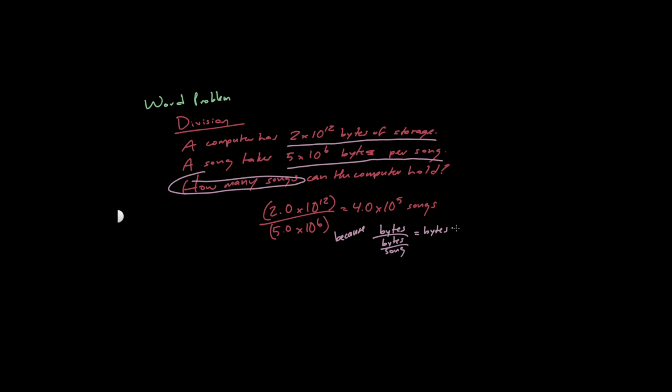So we're going to multiply times the amount of songs over bytes. When you do that, as happened on the last one, the bytes go away, and then you're left with how many songs there are. Either way, that's how you get it done.